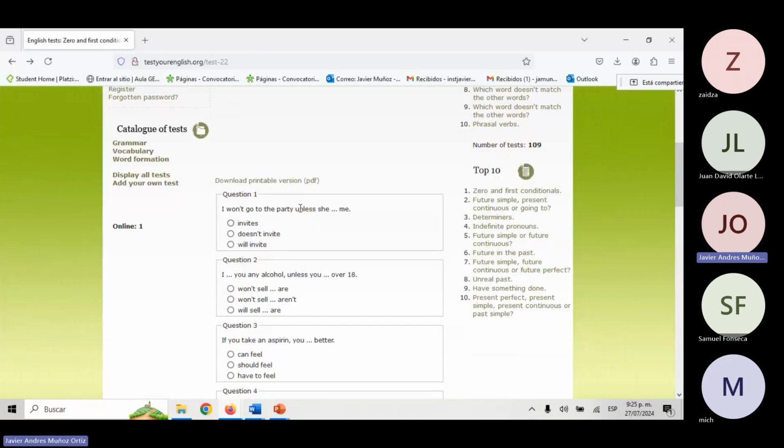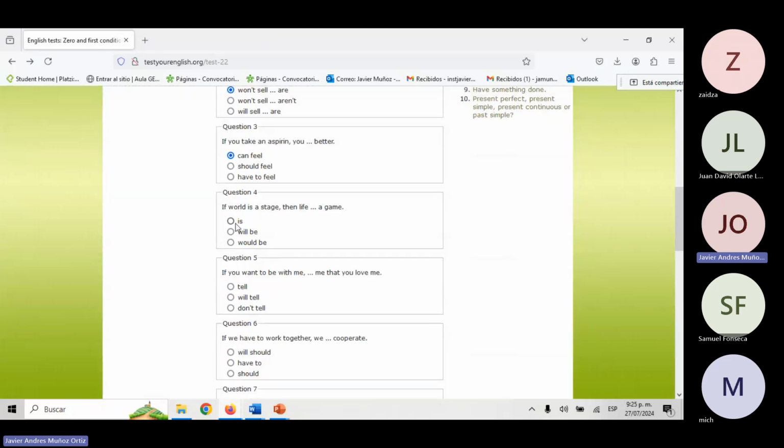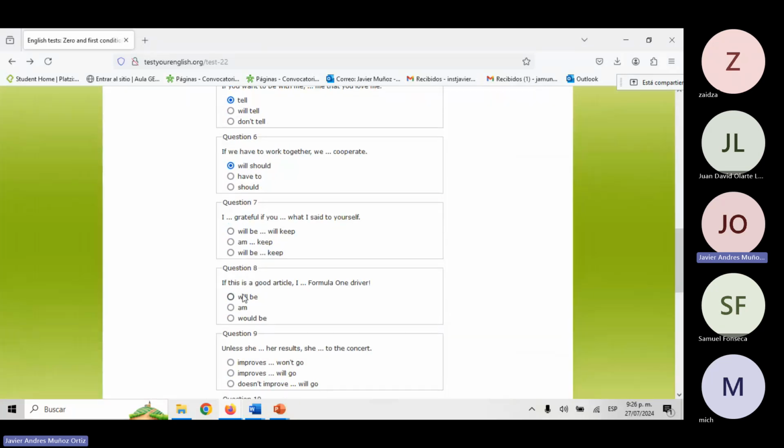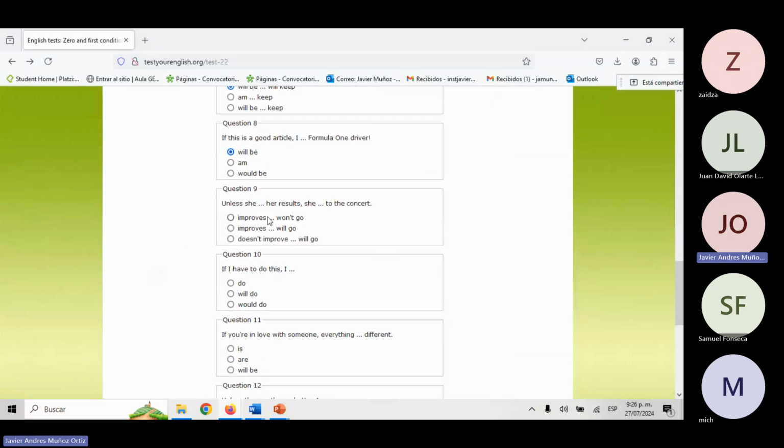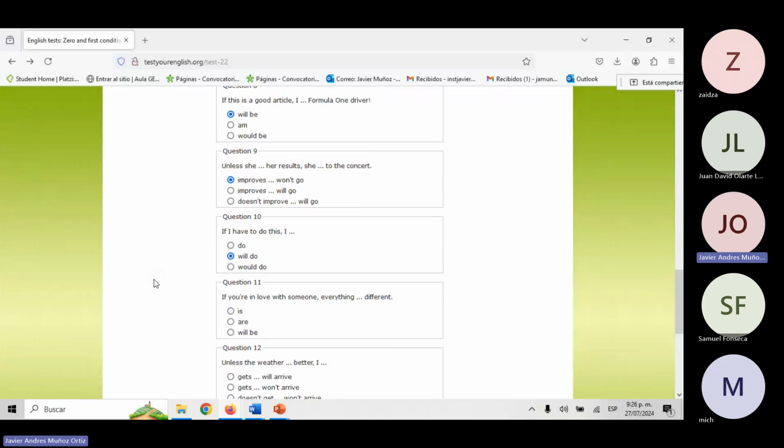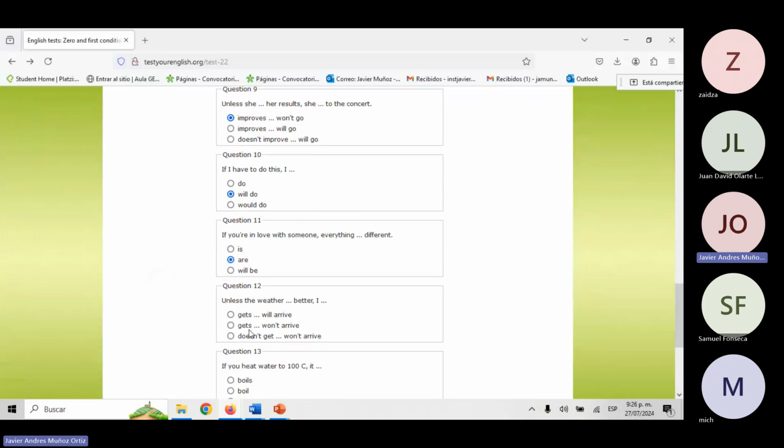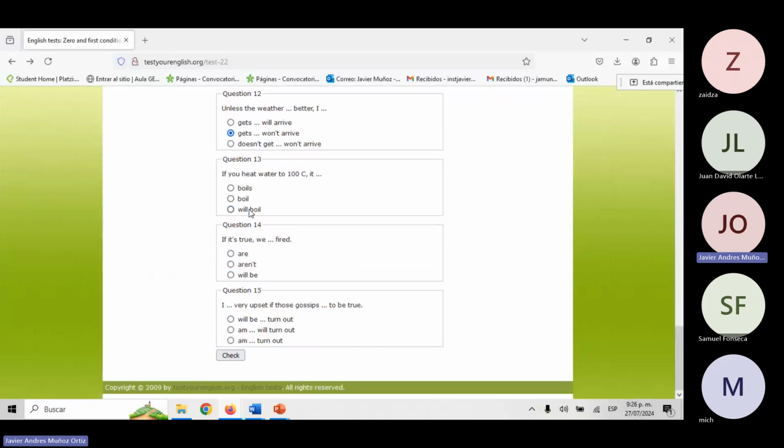In this case, you will have to choose the correct option. I'm not reading the questions, so I'm just clicking on the options. I don't know if they are correct or not. This is not important in this moment. I just want to show you how this works.